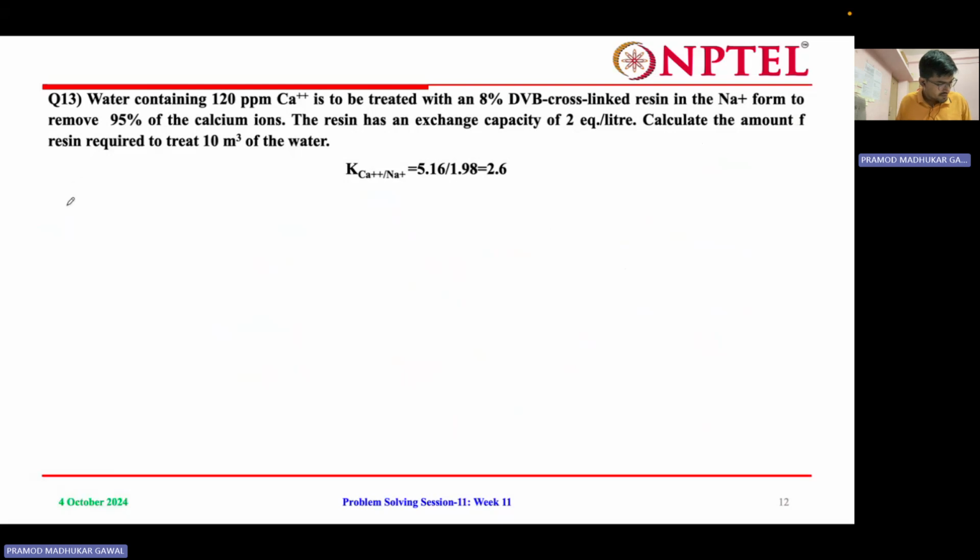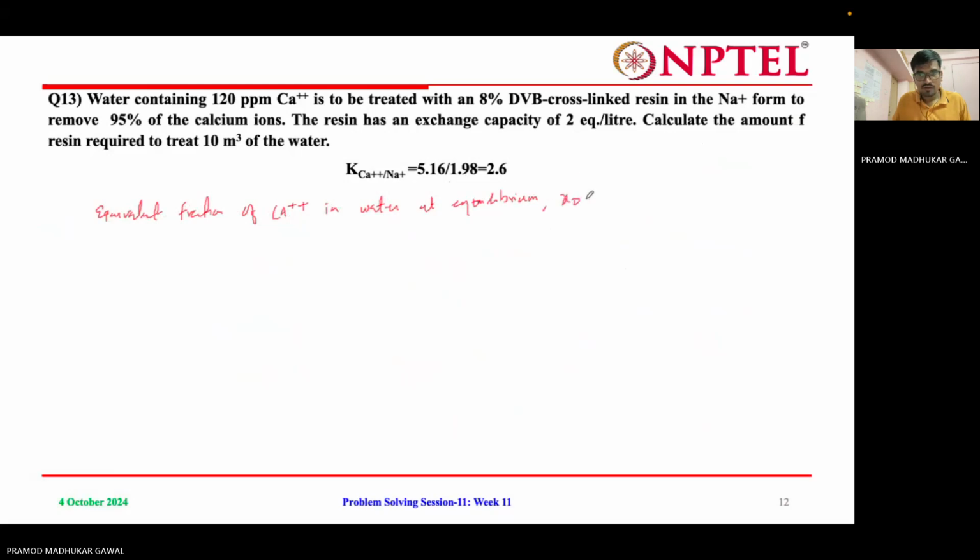Now the equivalent fraction of Ca2+ in water at equilibrium, XD, equal to 0.003 divided by 0.06, that is 0.05, right?